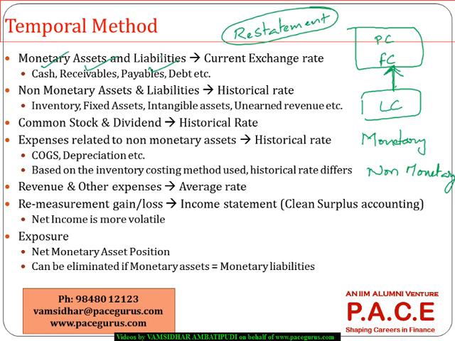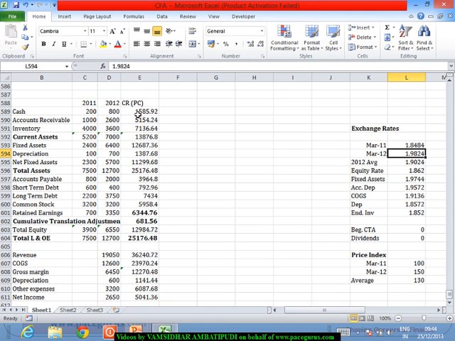Accounts payable, something that is settled in cash. Debt, something that has to be paid in cash. These are all called monetary assets and liabilities. When it comes to monetary assets and liabilities, I will translate them using the current exchange rate itself.